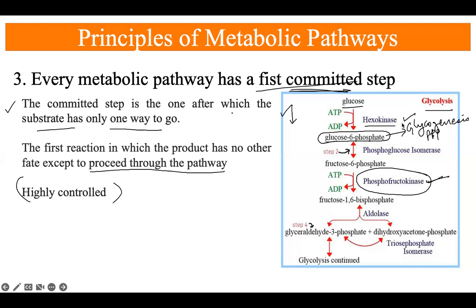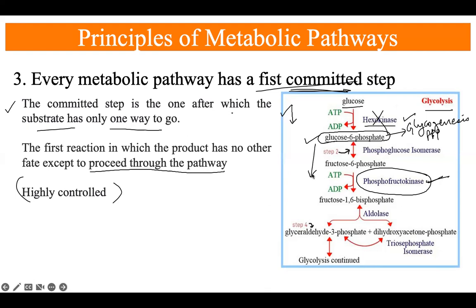So this glucose 6-phosphate can enter into those pathways. There is no surety of this glucose 6-phosphate only moving towards the glycolytic pathway. It can enter other pathways as well. So that is why this reaction is not the committed step.